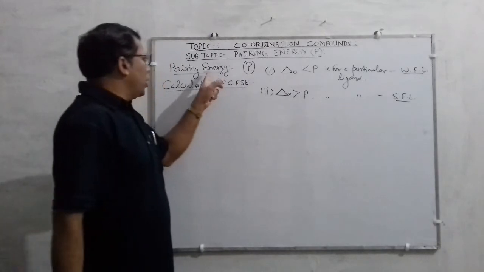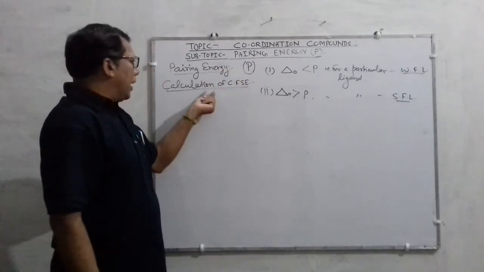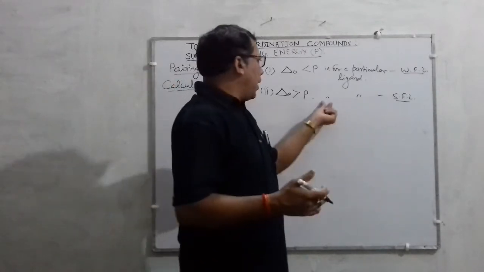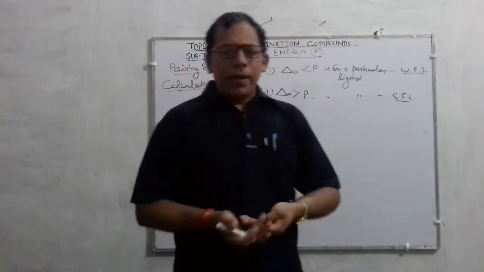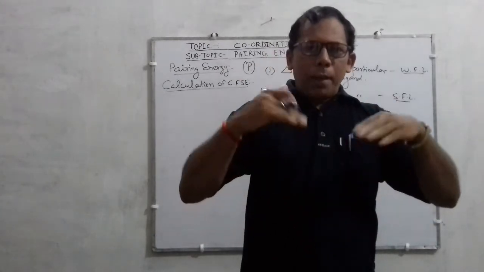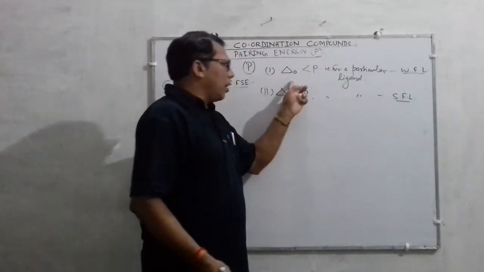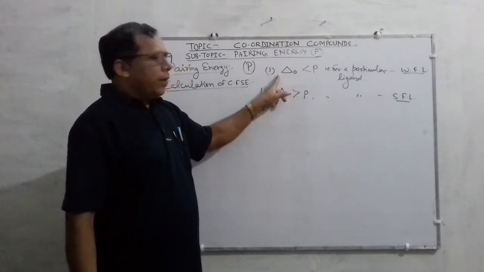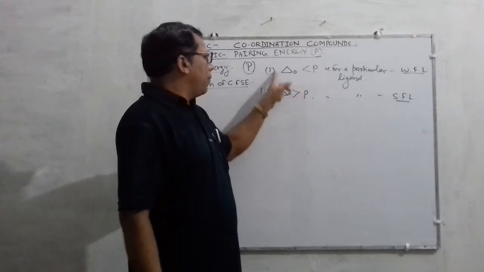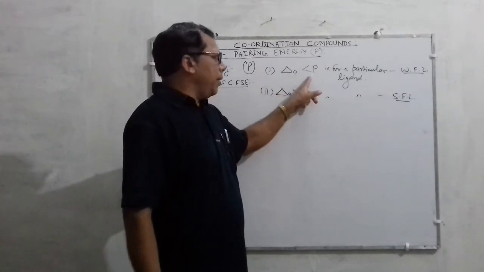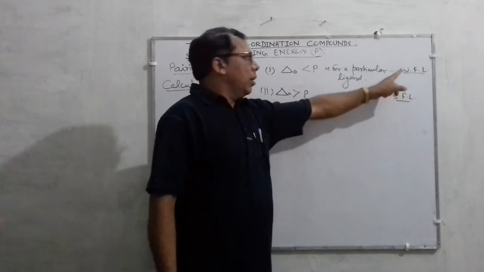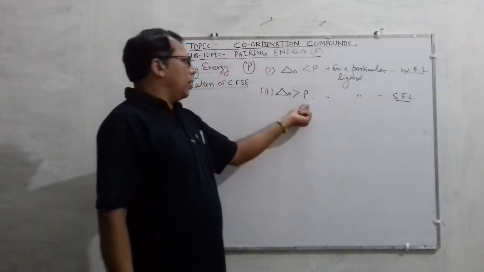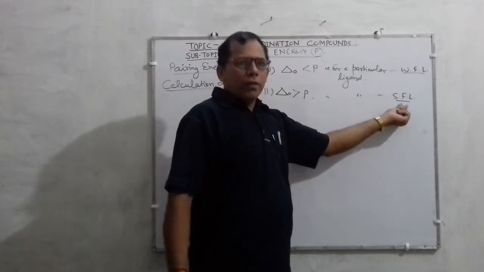Just we have to implement this point in the calculation of CFSE, and also we will apply this fact in the writing of electronic configuration of a complex compound. So if the value of del 0 is less than P, the field will be weak, called weak field ligand, and if the value of del 0 is greater than P, it is called a strong field ligand.